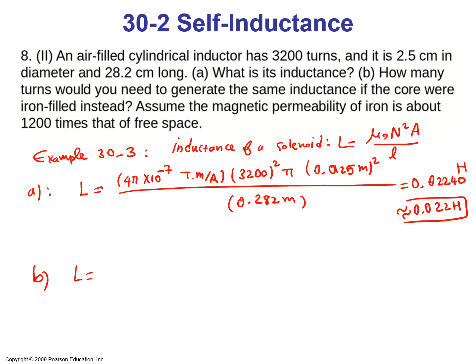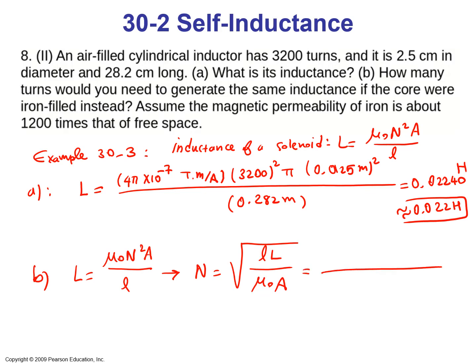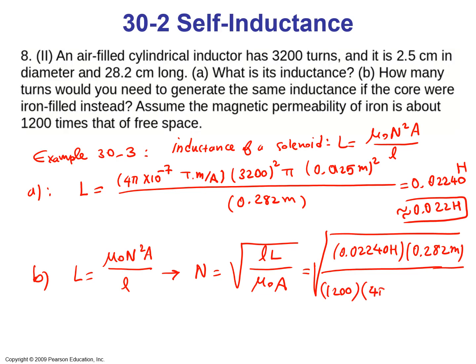So if L is equal to mu naught N squared A over L, the number of turns would be equal to the square root of L times inductance over mu naught A. If you plug in the values, you have the square root of 0.02240 Henry multiplied by 0.282 meter, divided by 1200 multiplied by 4 pi times 10 to the power minus 7 Tesla meter per ampere multiplied by pi times 0.0125 meter squared. The number of turns will be 92 turns.